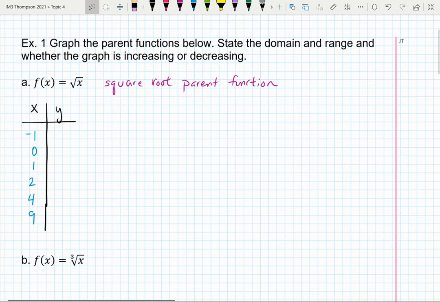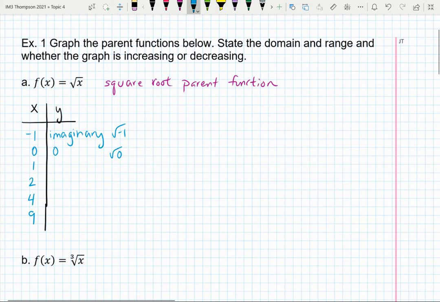So when I look at these values of x and I plug them into my square root of x function, when I plug in the square root of -1, well, that's just imaginary. That doesn't give me a real value of y. I can't graph that on an xy plane, on a real number plane.